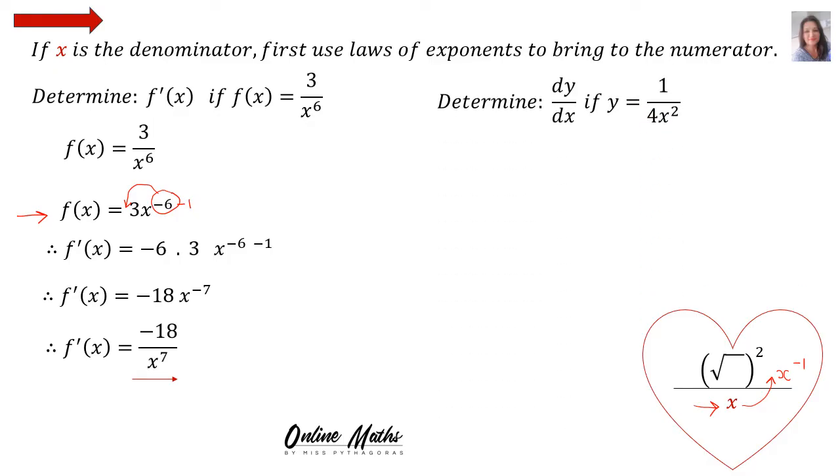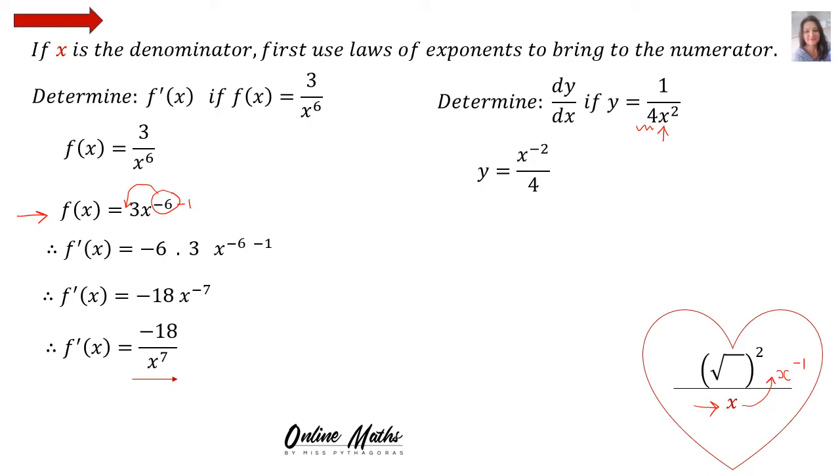Another example could be dy over dx, in other words, find the derivative if y is equal to 1 over 4x squared. So your problem here is not the 4 that's under the line. That's fine. You cannot have an x under the line. Therefore, you first have to fix your sum.